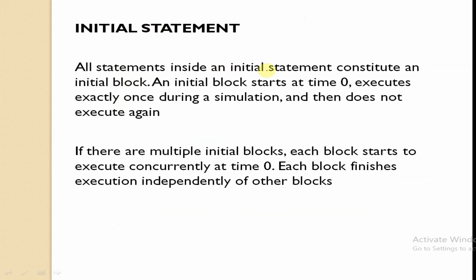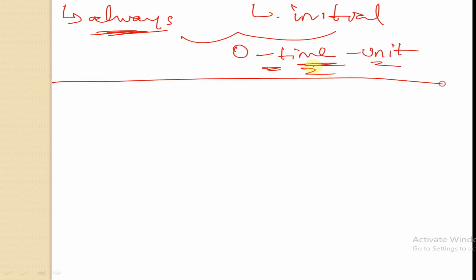All the statements inside an initial statement constitute an initial block. An initial block starts at 0 time unit, executes exactly once during a simulation, and then does not execute again.